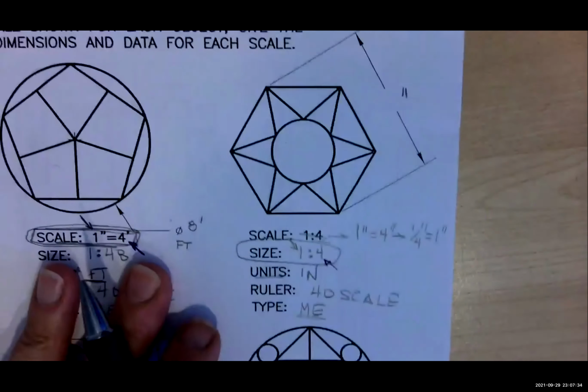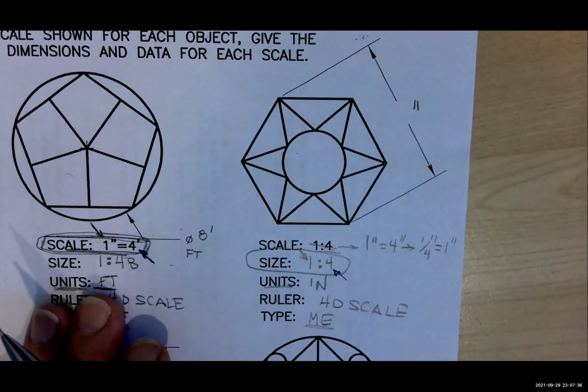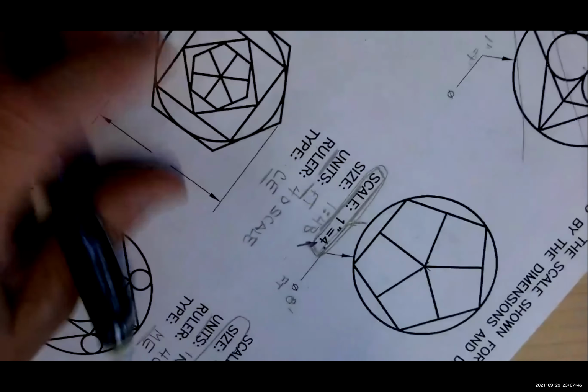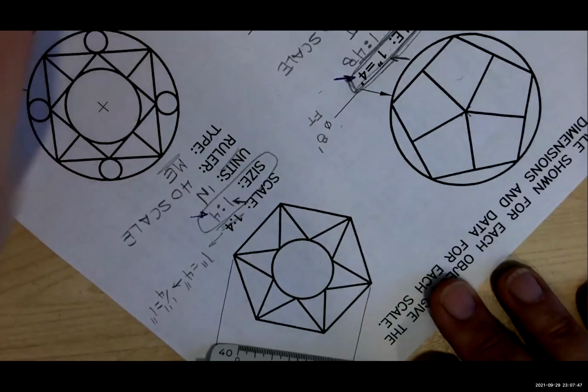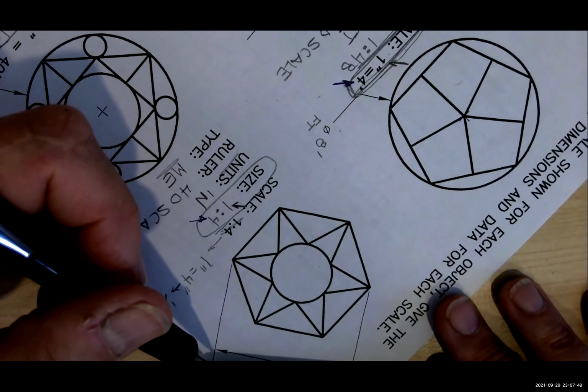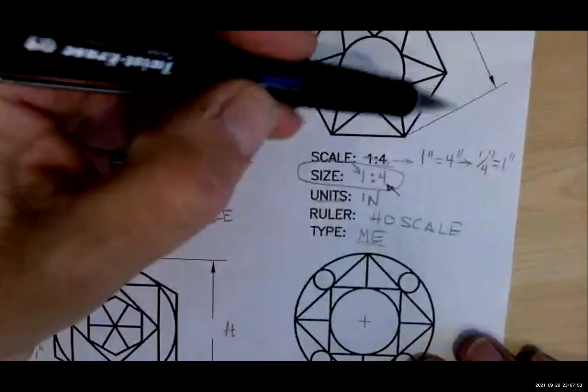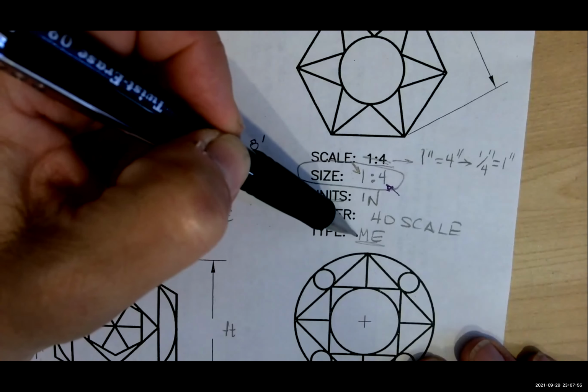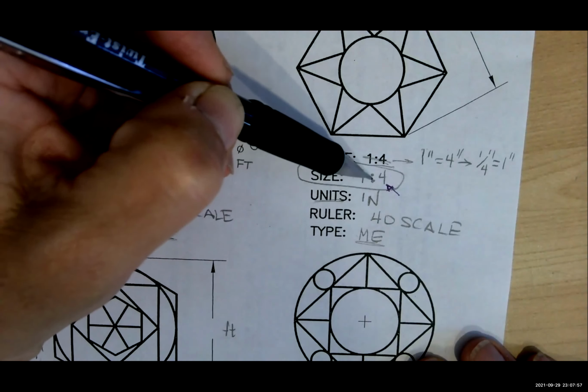What did you get, Luis? I'm still trying to figure this out. Sorry about that. No, that's okay. So what you're doing is you've got to use the 4 scale, right? Yes. Okay. Because it's mechanical engineering, the size is 1 to 4.